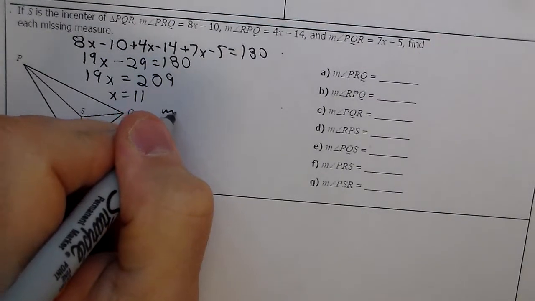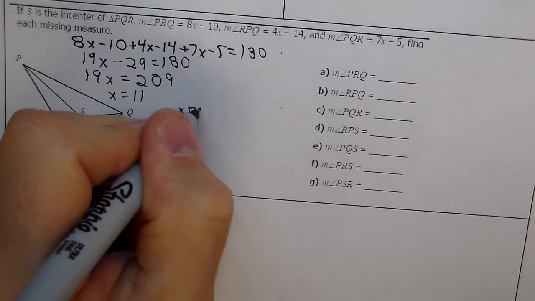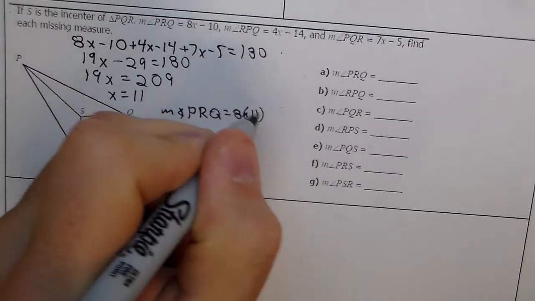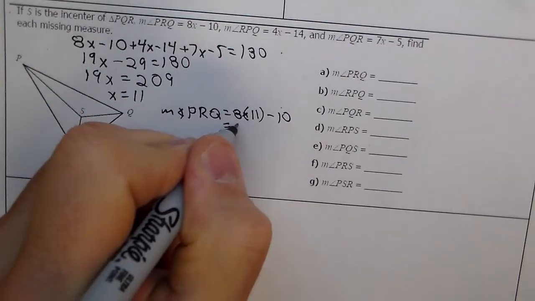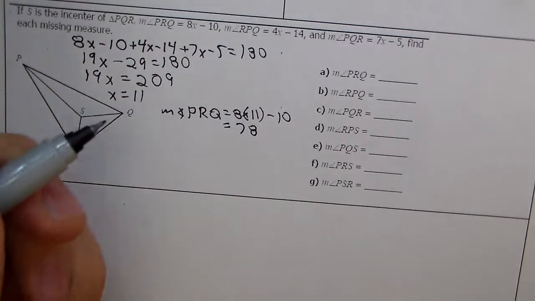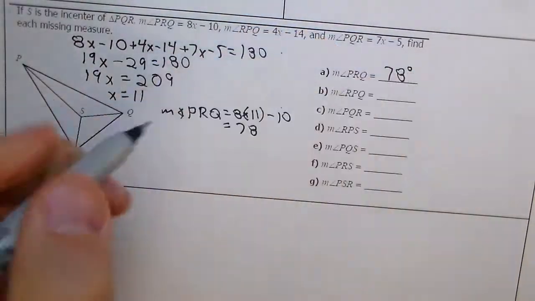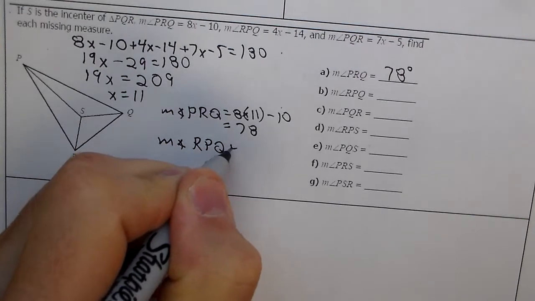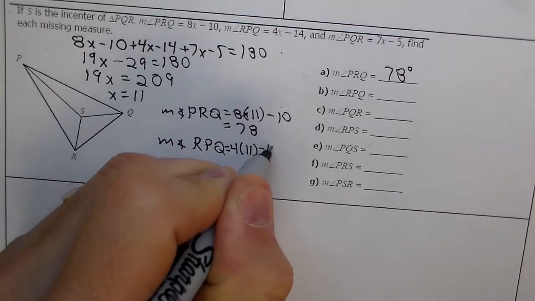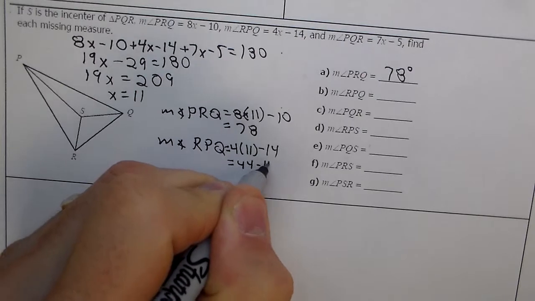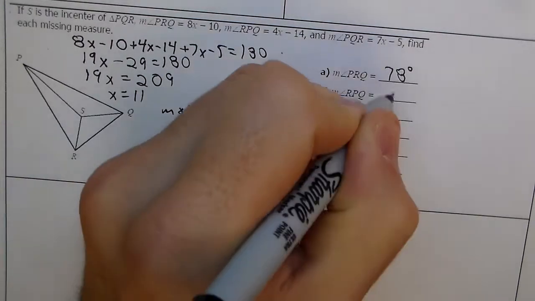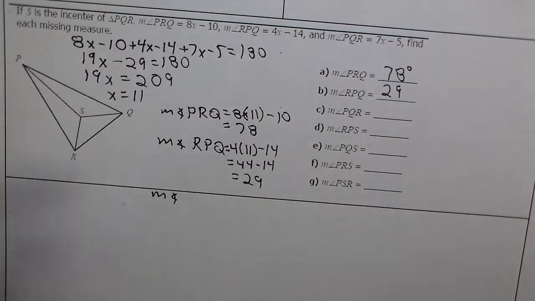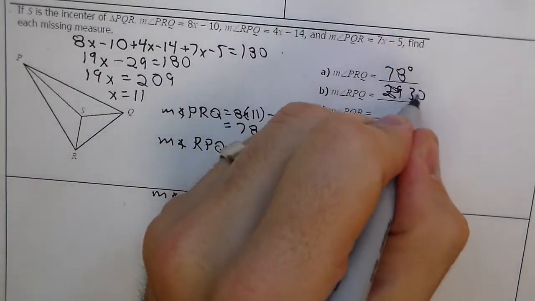So the measure of PRQ, or 8x minus 10, 8 times 11 minus 10, is going to be 78. The measure of angle RPQ, 4 times 11 minus 14, or 44 minus 14, 30.